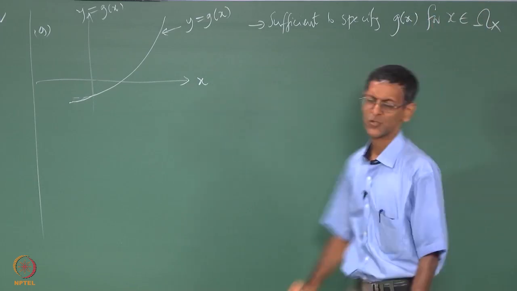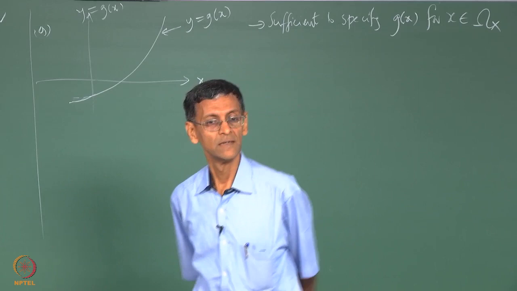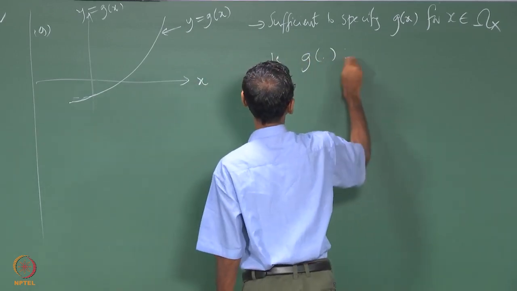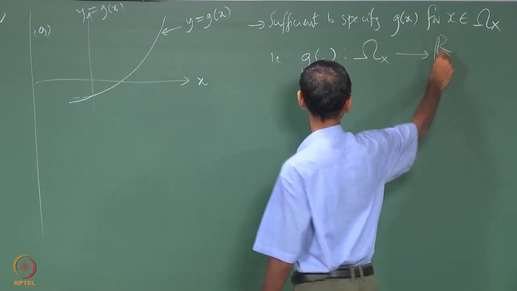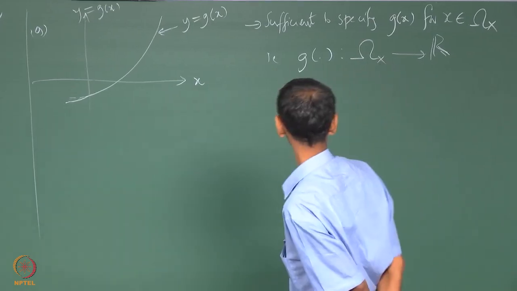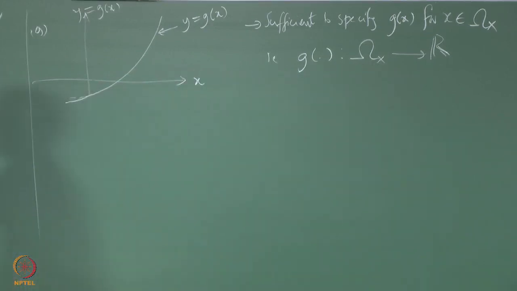You do not have to go around specifying it for every real number under the sun. So you can write G as a map going from omega x, and of course the output could be any real number. We are not going to put any restriction on the output of G.